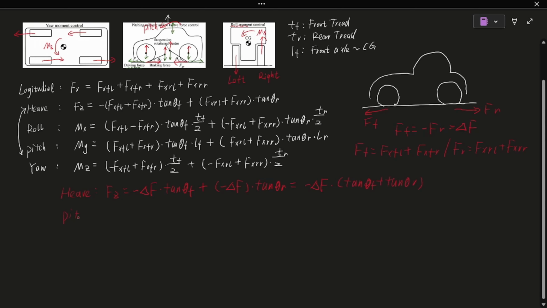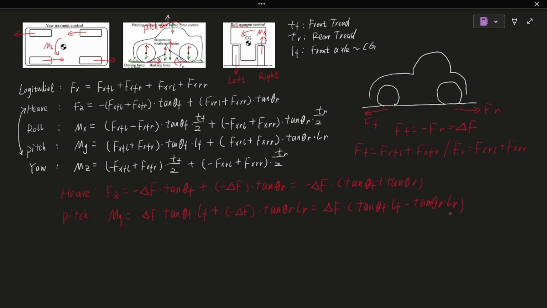Now, let's look at the pitch. My equals minus delta F times tan theta F times Lf plus delta F times tan theta R times Lr, which equals minus delta F times (tan theta F times Lf minus tan theta R times Lr).